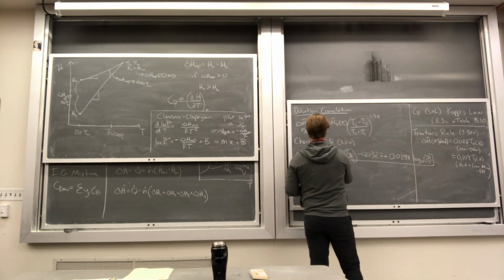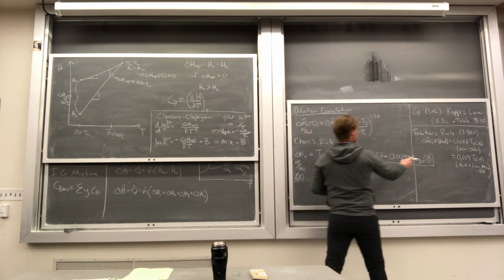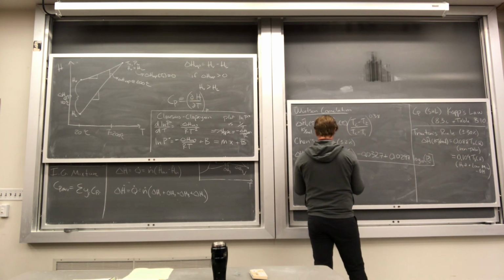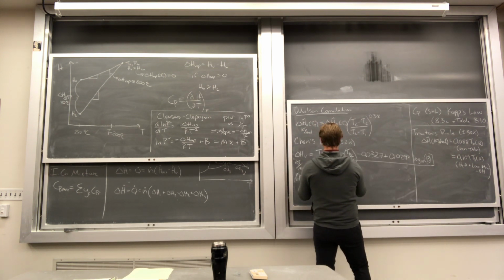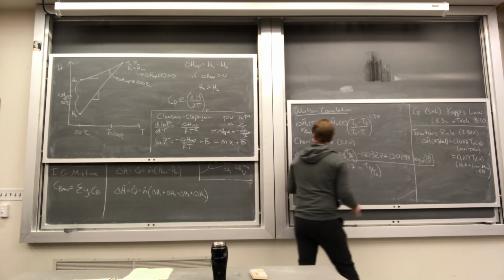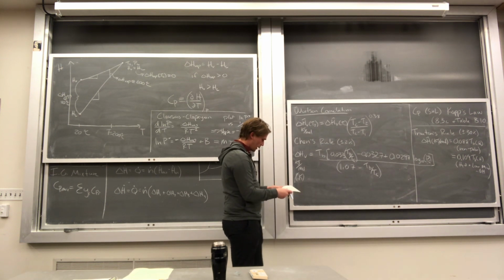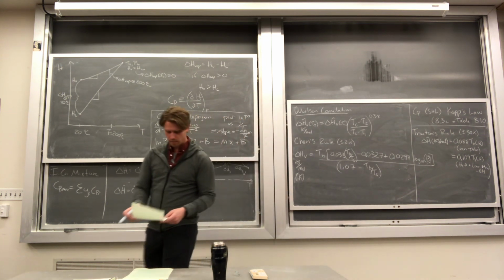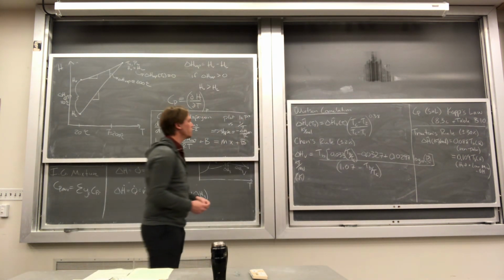And I have to check, actually, I don't have it in my notes what units the critical pressure is supposed to be in, so I'd have to look that up. 1.07 minus TB over TC. So I don't have it here, I got to look this up, but it's also in your textbook, this Chen's rule.